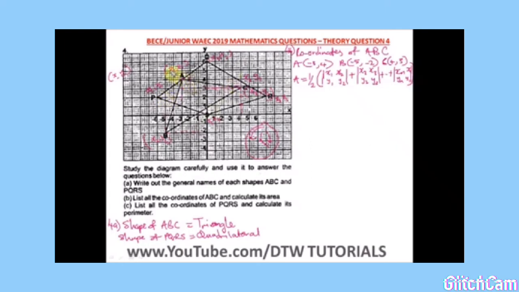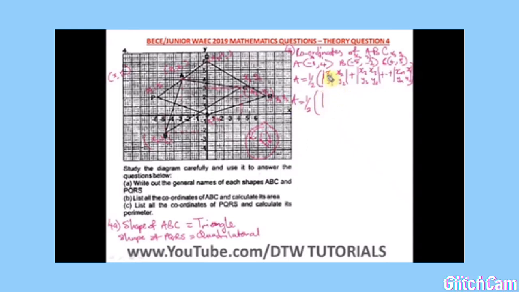All right, so this point here is x1 y1, B is x2 y2, C is x3 y3. Now follow me closely how I arrange it according to this formula. So our area is equal to 1 over 2. Don't forget this 1 over 2 bracket.